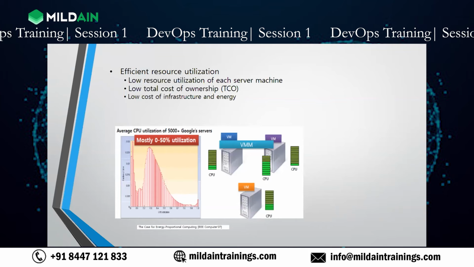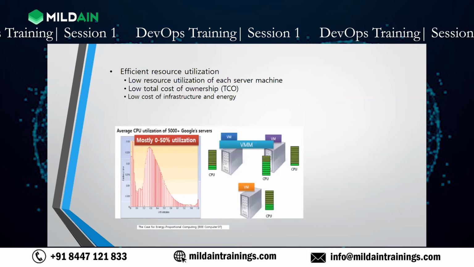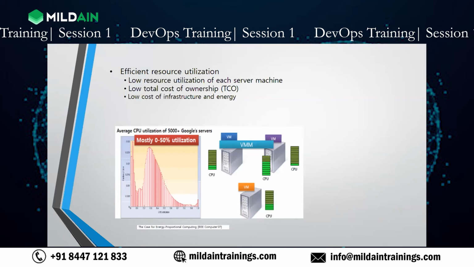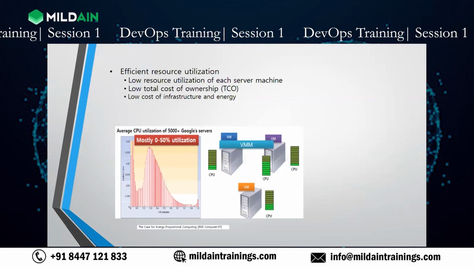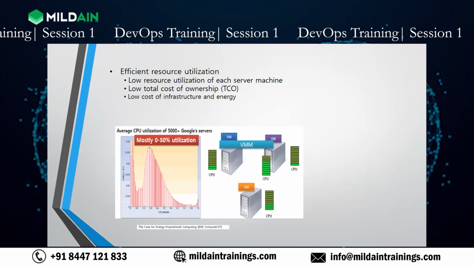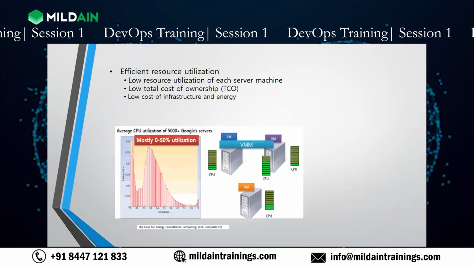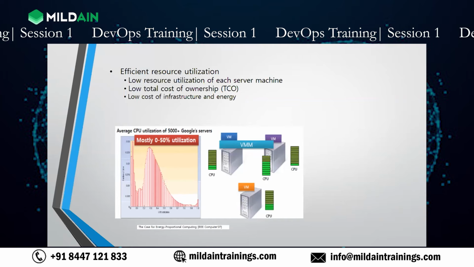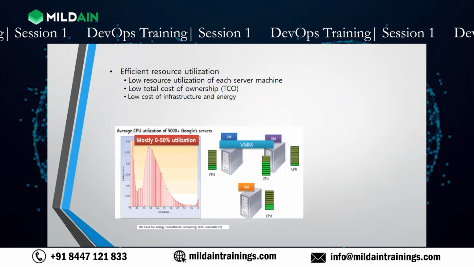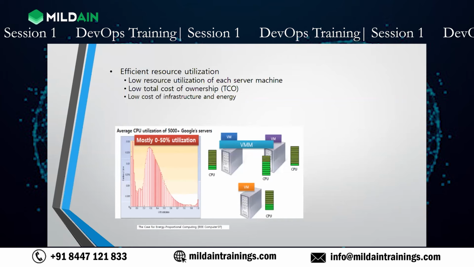They are physically present, and if there is a lot of data, we have to increase the number of servers. Now in virtualization, when we need a server, we create that server, and after usage we can kill that server. So there is efficient resource utilization.